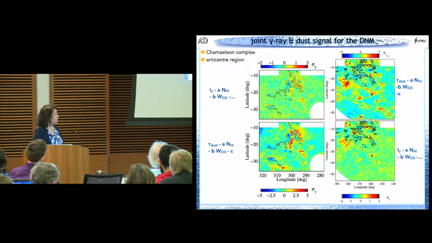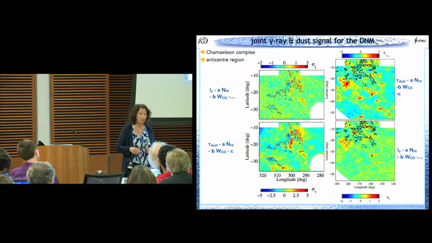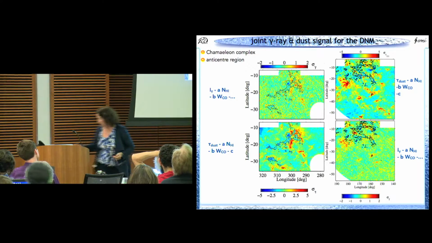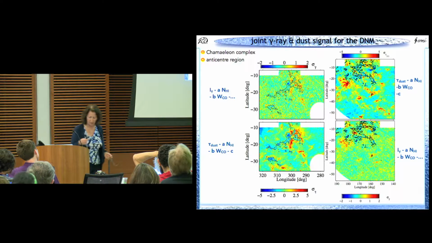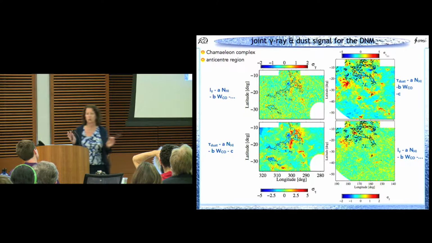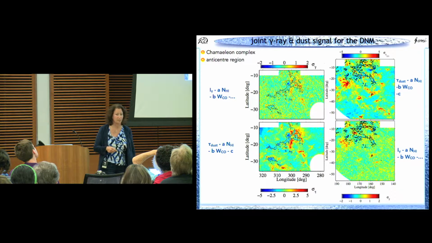Just to convince you that gamma rays and dust can tell us about this dark neutral medium, here you have the Chamaeleon on the left, and if I had a pointer, it would be much easier, and the anti-center region on the right that we've been analyzing, where you subtract what is correlated with H1 and CO. So you have here the gamma rays minus H1 and CO and the dust, and sorry, we're not self-consistent, so now the dust is there and the gamma rays are at the bottom.